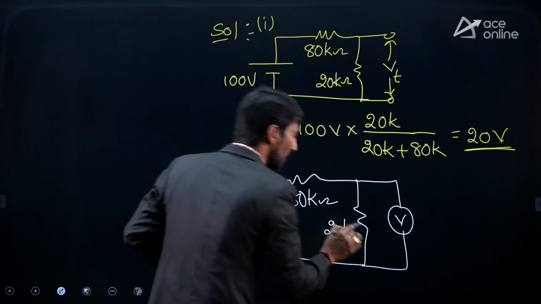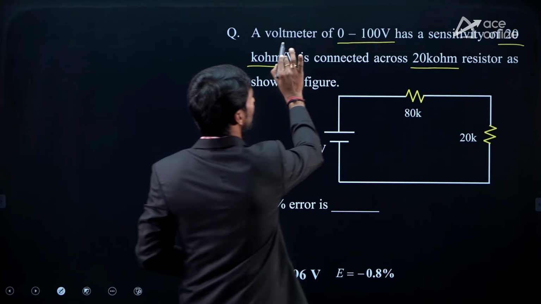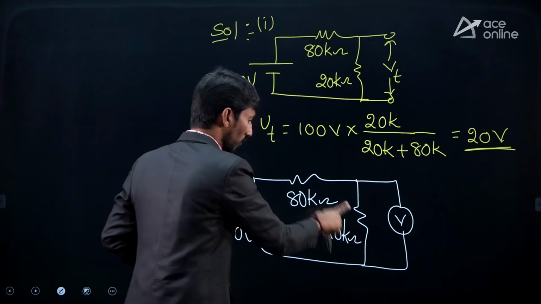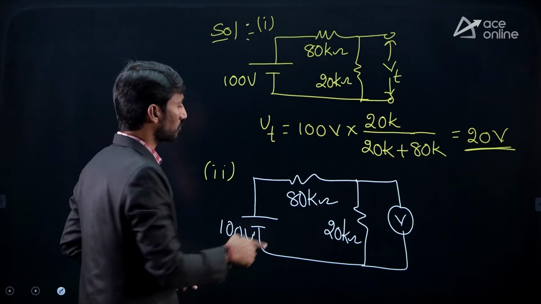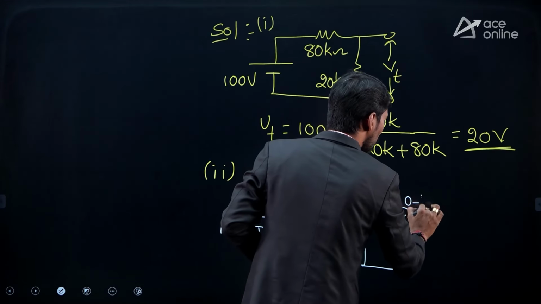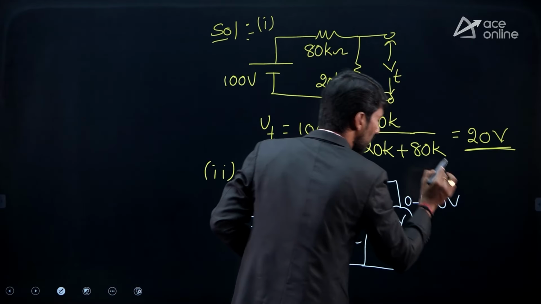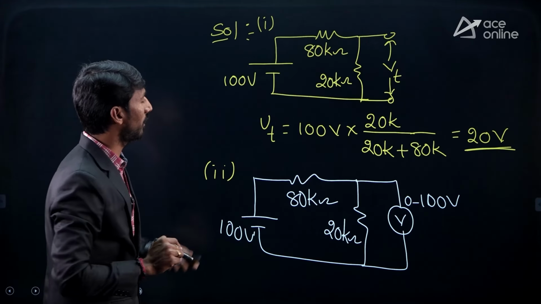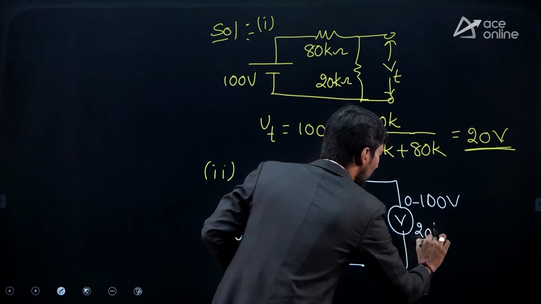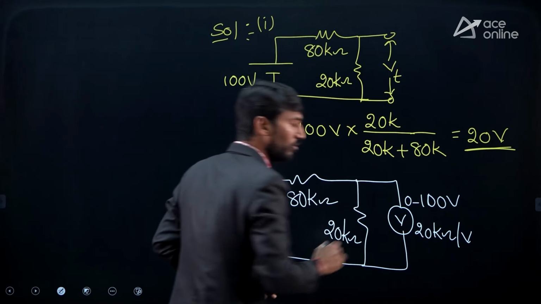And in the question, it is mentioned clearly, the voltmeter is connected across the 20 kilo ohm. So therefore, across this I am connecting. Now, what is the full scale value? 0 to 100 volt is the full scale value. What is the sensitivity? 20 kilo ohm per volt.